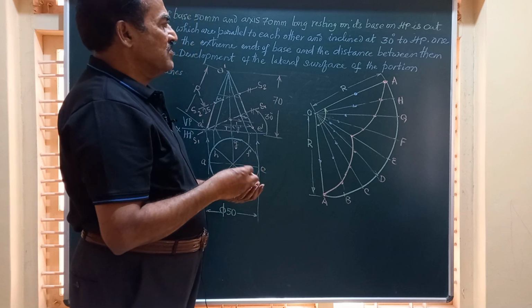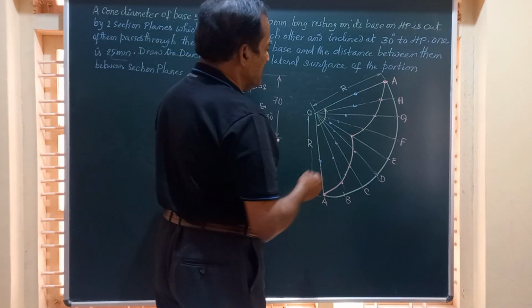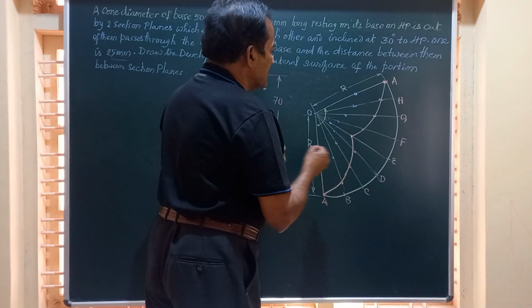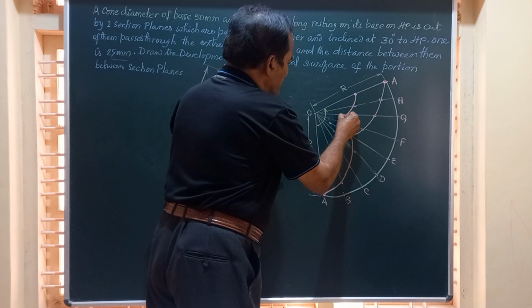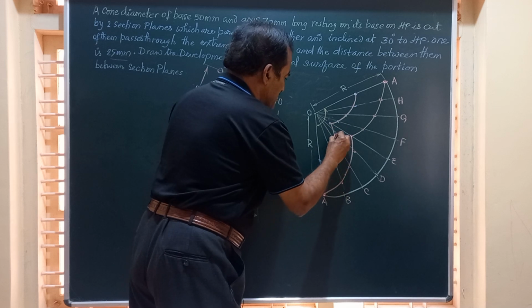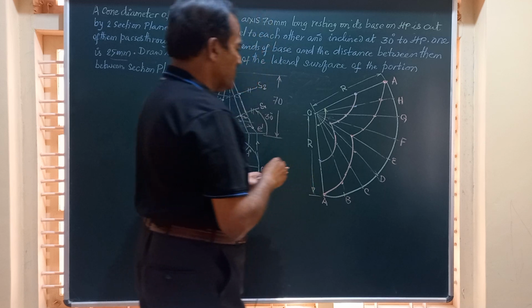Now, friends, we have got the points marked on all the 8 generators. Again, I am going to join all these points by another smooth continuous curve. Like this, you should join. Friends, this is how you will get it.